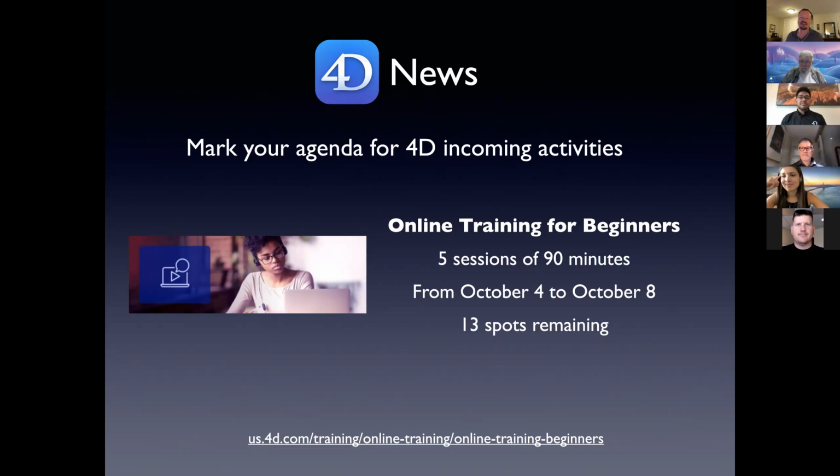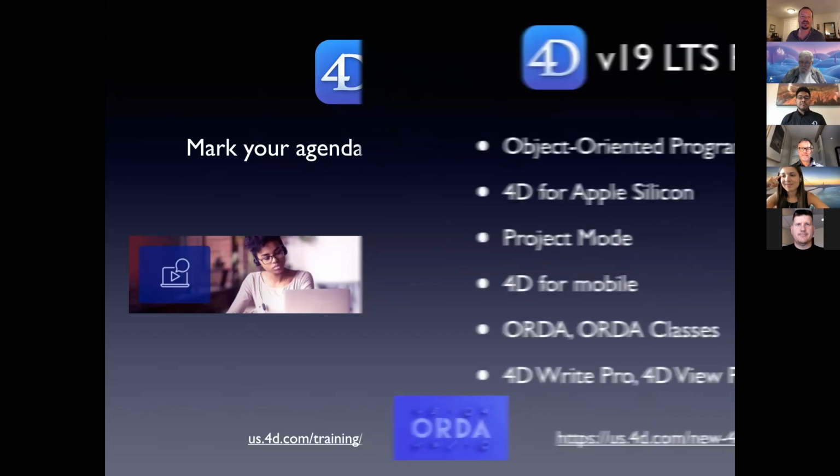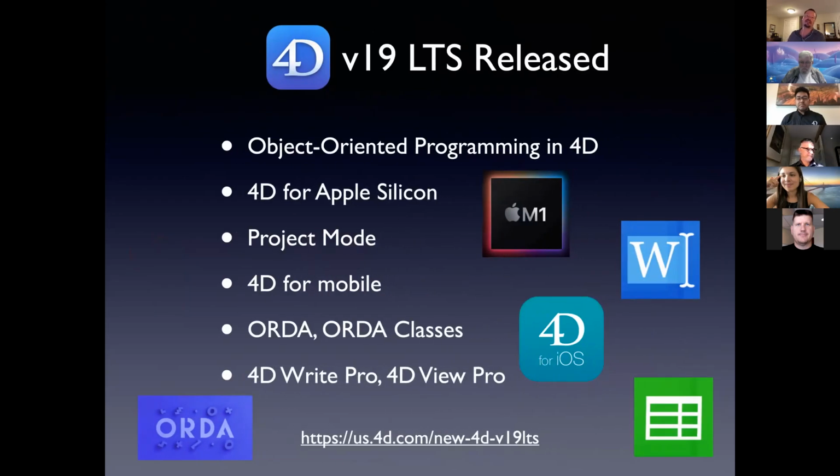So thanks again, guys. And in the training, I'm sure they'll talk about V19 long-term support, which was just fully released. I wasn't really sure what to put on this slide, honestly, because it's a beastly release of 4D.